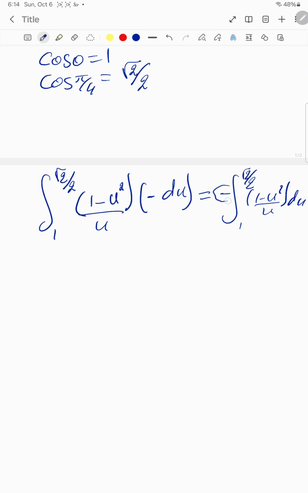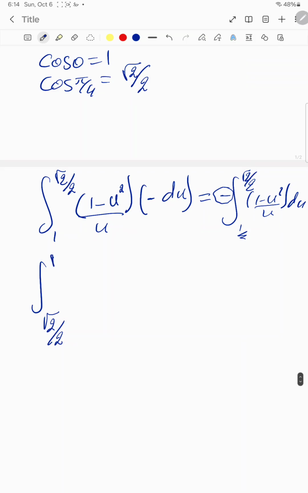But if I want to get rid of this minus, all I have to do is flip the boundaries. So it becomes between square root of 2 divided by 2 and 1. And I would have 1 minus u square divided by u du.